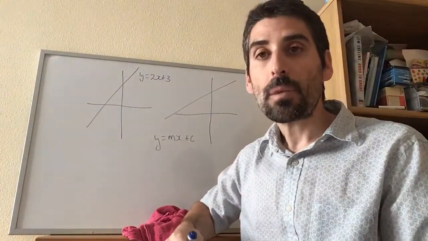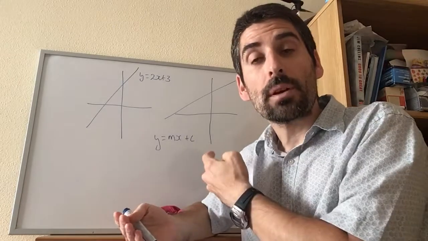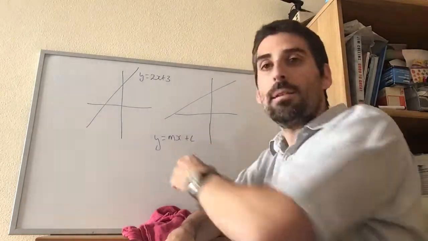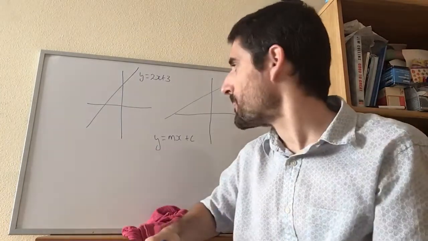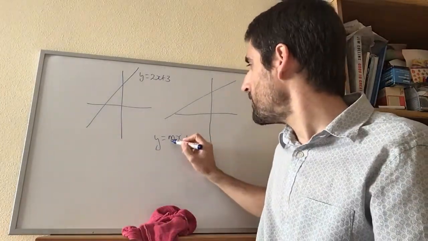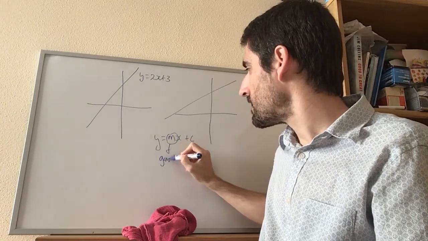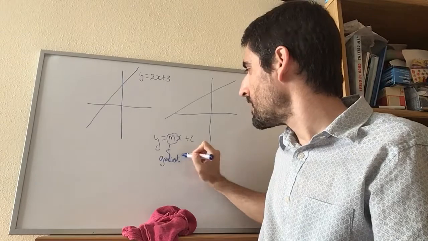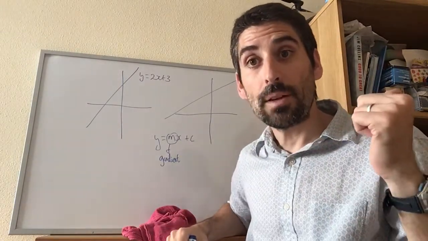So m and c are the two numbers that you have to find from the graph, and you will just write y equals 3x minus 7, or whatever it is. This number here, that's called the gradient. And the gradient I showed you how to find in the last video.